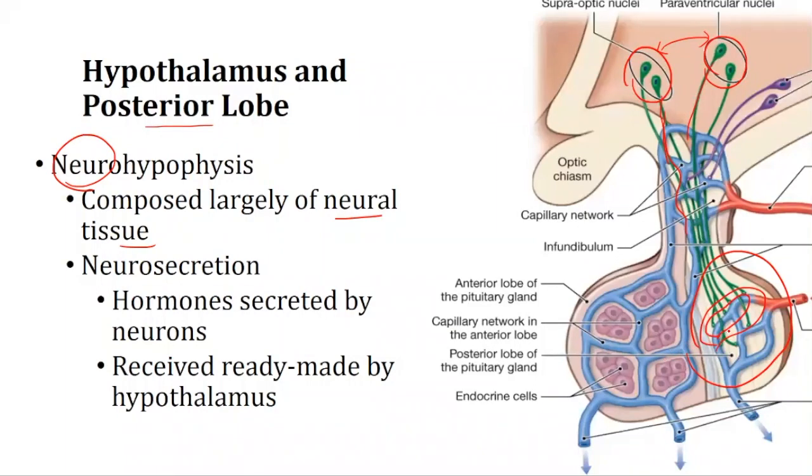Okay, and that is known as neurosecretion because these hormones are secreted from neuron-like structures or cells. These hormones are secreted by these specialized neurons, and the hormones are received by the posterior lobe, ready-made by the hypothalamus.